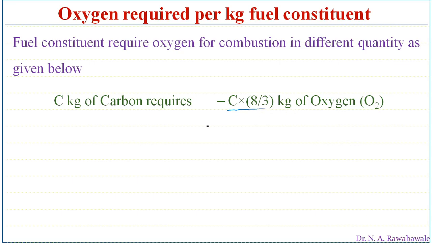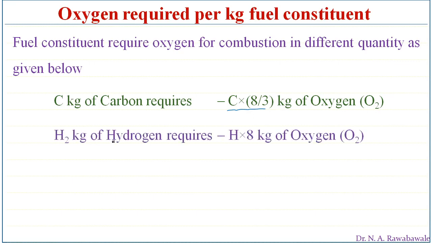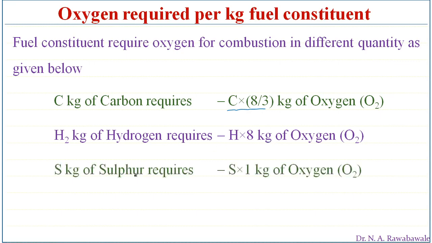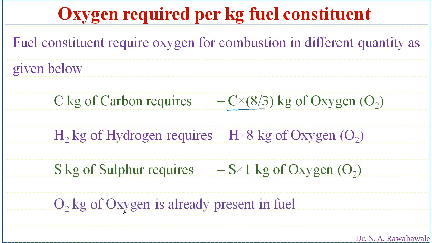If we want to burn hydrogen, it requires H into 8 kg of oxygen. If we want to burn S kg of sulfur, it requires S into 1 kg of oxygen. And if oxygen is already present in the fuel, then the quantity of oxygen required can be reduced by the quantity of oxygen present, so this is subtracted.